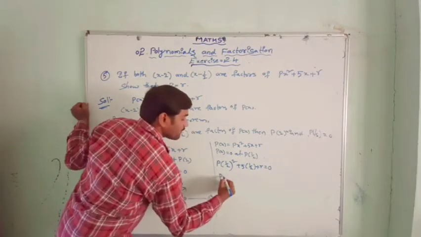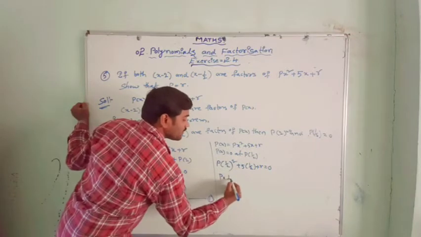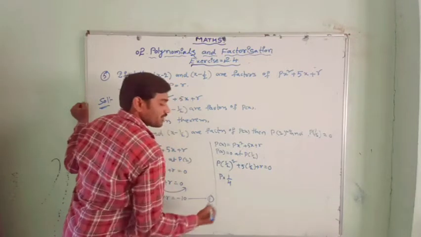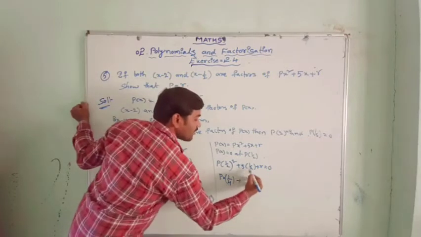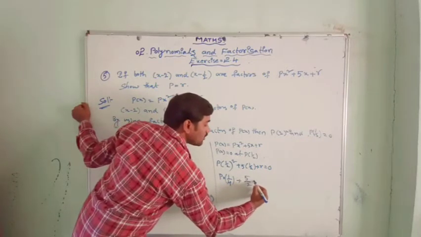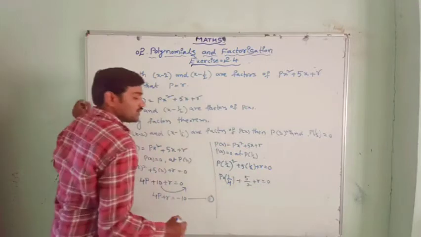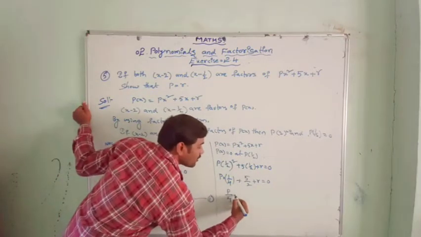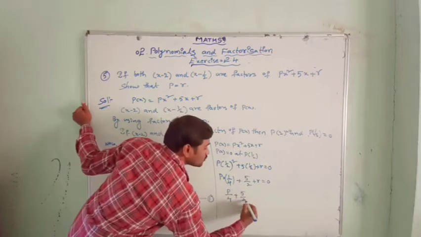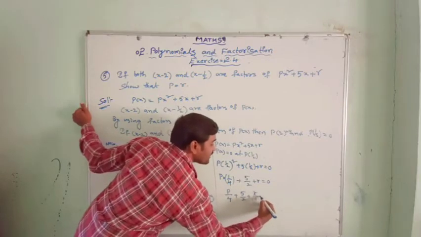So 1 square is 1, 2 square is 4. p into 1 by 4 plus 5 ones are 5 by 2 plus r equal to 0. Let us see here: p by 4 plus 5 by 2 plus r by 1 equal to 0.